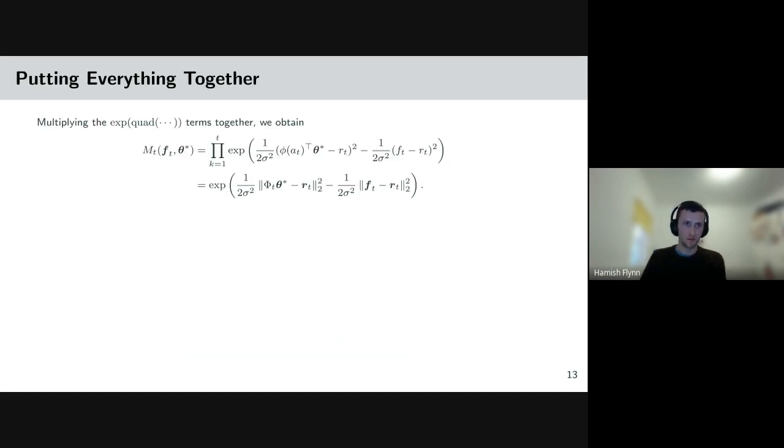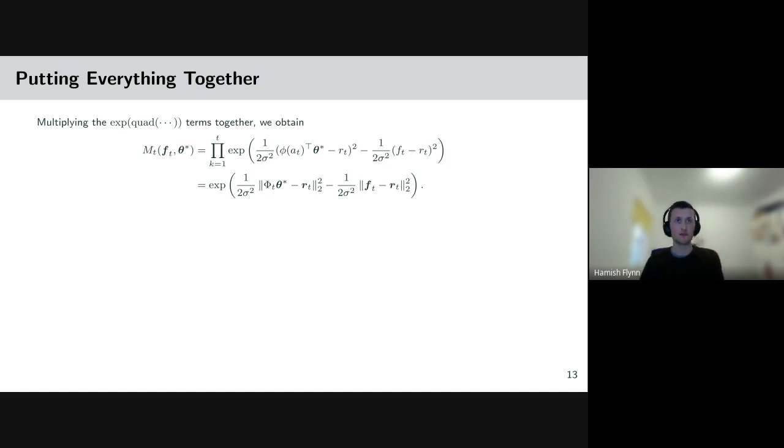Okay, so putting everything together, by multiplying the first t exponential of quadratic terms together, we arrive at the following choice for our collection M_t. And this is just e to the power of the total squared error of the true reward function phi times theta minus the total squared error of our sequence of predictions f_t.